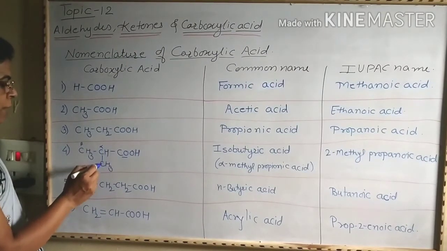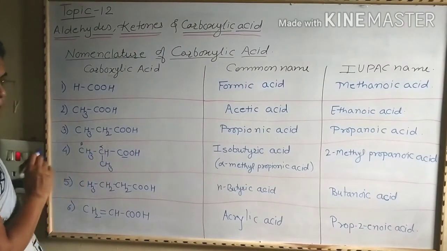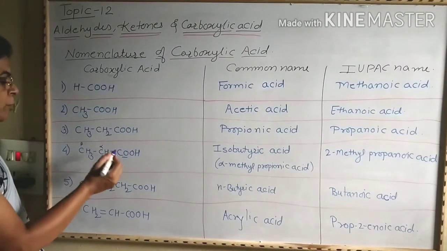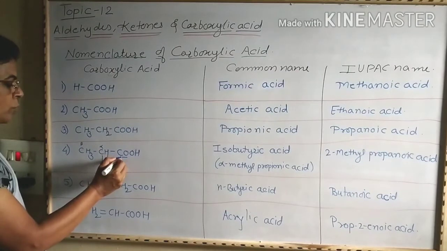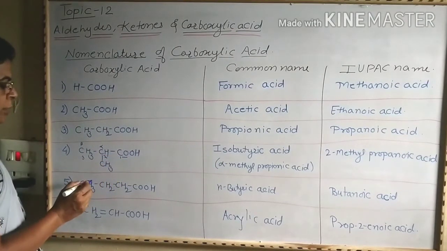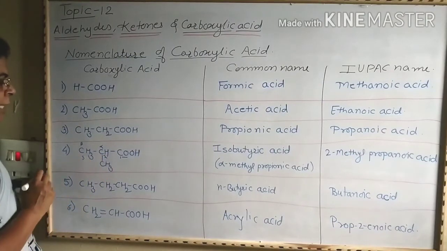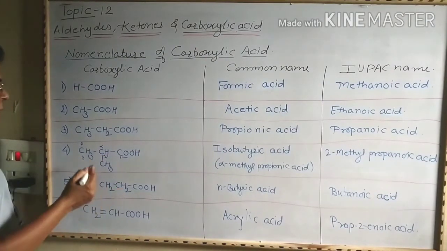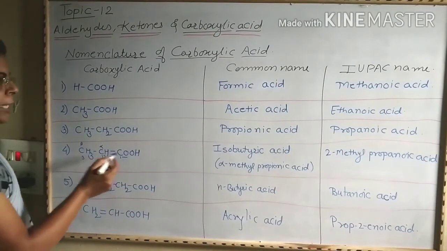Therefore it becomes alpha methyl propanoic acid. In case of IUPAC nomenclature system, give numbering from the end which is nearer to the functional group, 1, 2 and 3. At 2 position there is methyl group and in the chain there are 3 carbon atoms, therefore parent alkane is propane. Now it is 2-methyl propanoic acid.